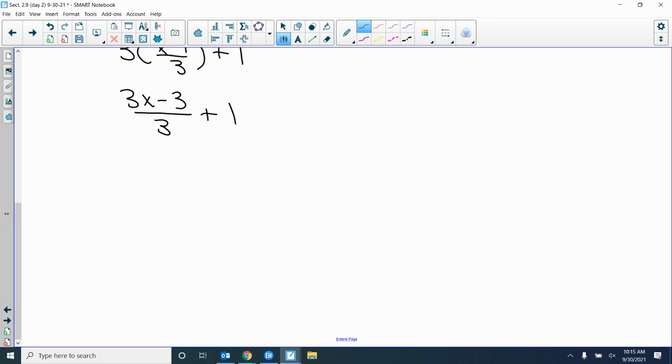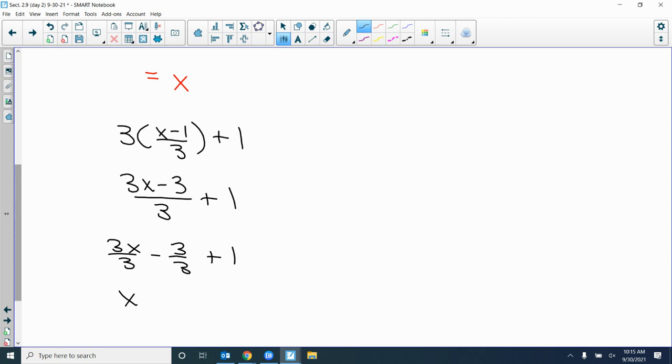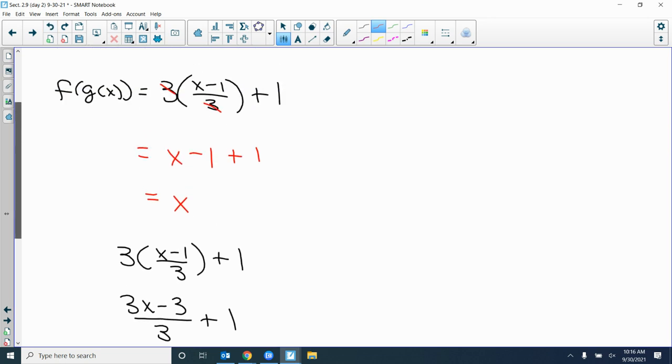Then you can simplify and make that 3x over 3 minus 3 over 3 plus 1. That just gives you x minus 1 plus 1, which is x. That way is probably a little messier, but you still get the same thing. So whether you cancel the 3's or distribute, it works. The biggest mistake is some people make this a 9, because they multiply 3 times both of them incorrectly. Do not do that. I think the other part's a little easier.